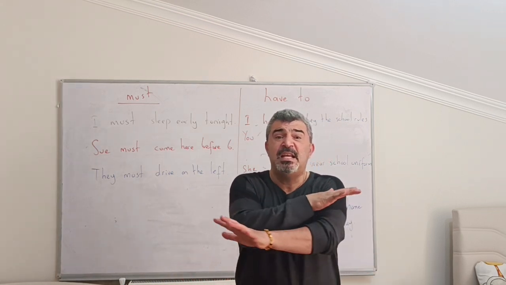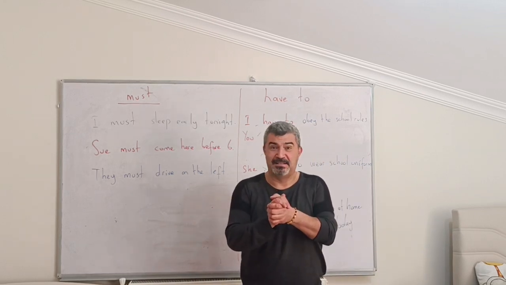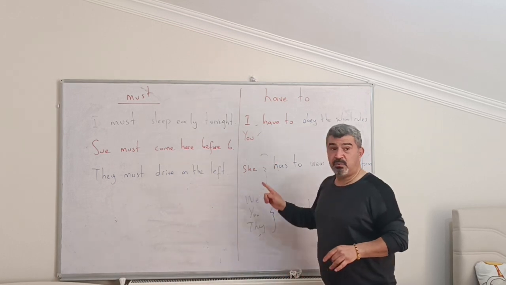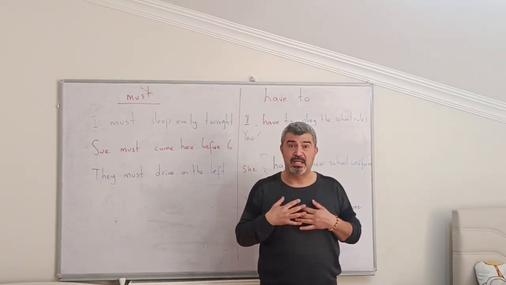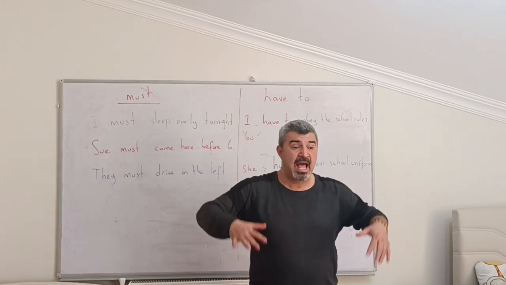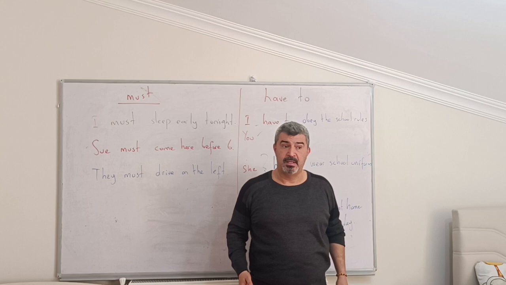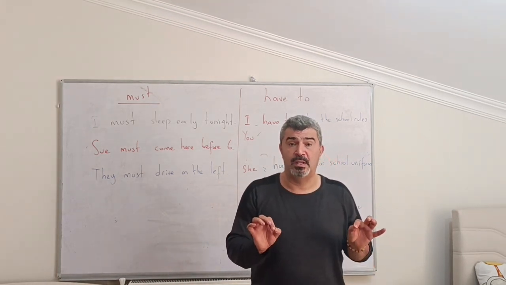It means that it is forbidden. You cannot go out this weekend. Another one, in Turkey, the boys have to go to the army over 20. It means that this is a rule, this is a law.